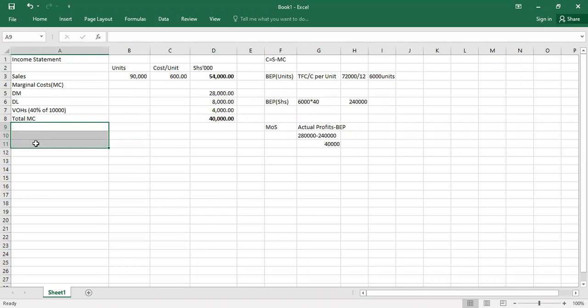So we are supposed to less the closing stock for us to be able to get the gross contribution, because we have closing stock. In the earlier example, we didn't have closing stock. What is my figure for closing stock?